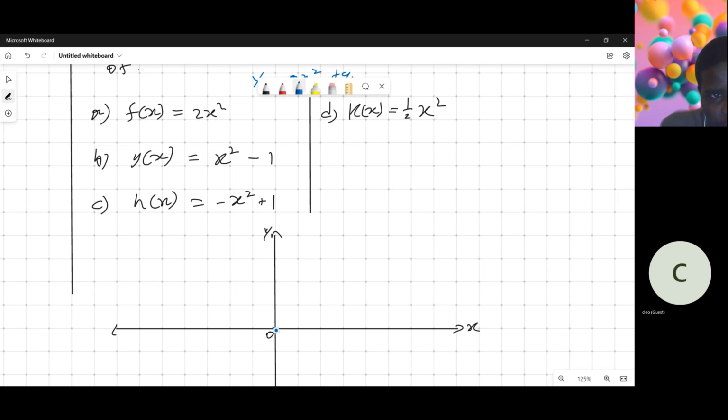So by just looking at the function, I can just draw something like this, roughly so. So this will be my f of x.